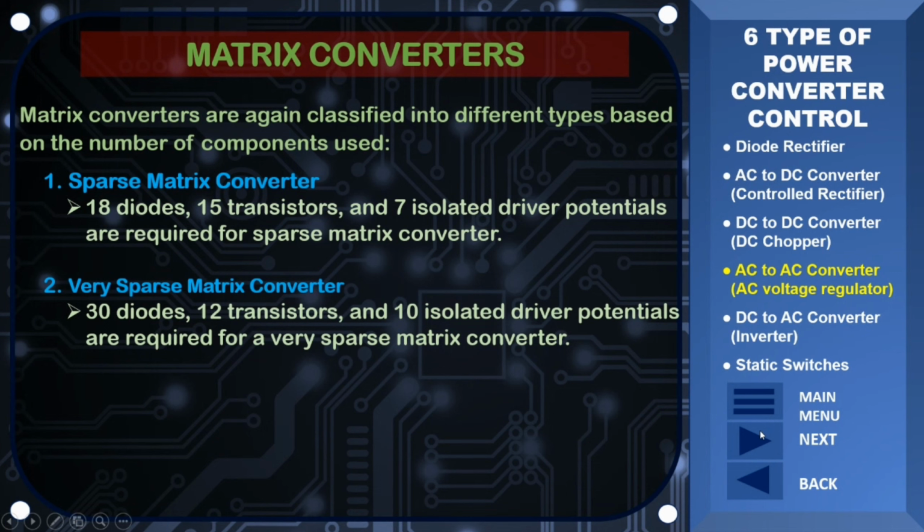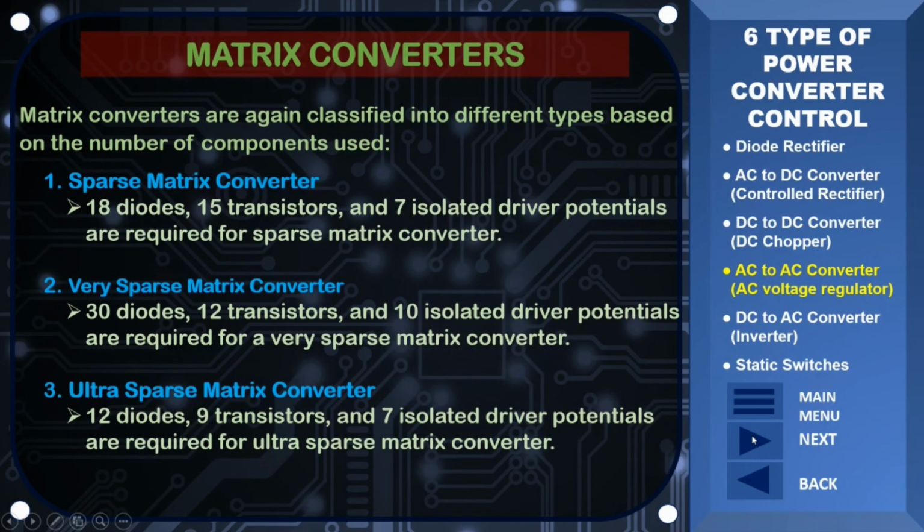And lastly, ultra sparse matrix converter. These are used for variable speed drives of low dynamics, as the input stage of this converter is unidirectional, and due to this, there is an admissible phase displacement between the input current fundamental and input voltage.